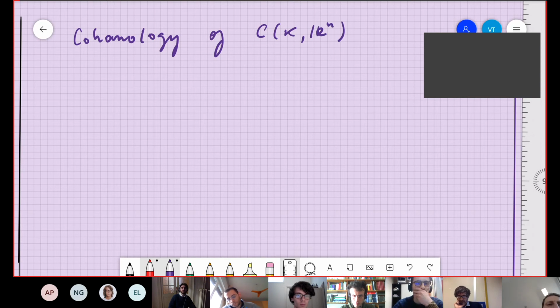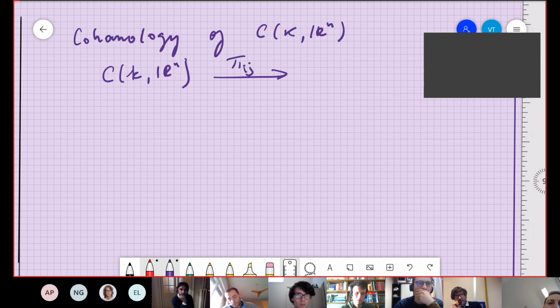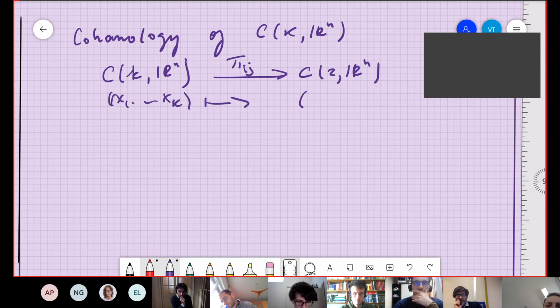First of all, you see that we have projections, right? We can project from configurations of k points in R^n to configurations of 2 points in R^n. We just forget all but the i-th and j-th points. Configurations x1, ..., xk go to just the points xi and xj.